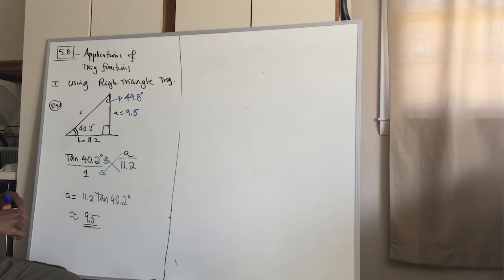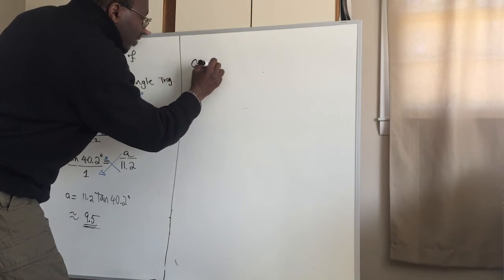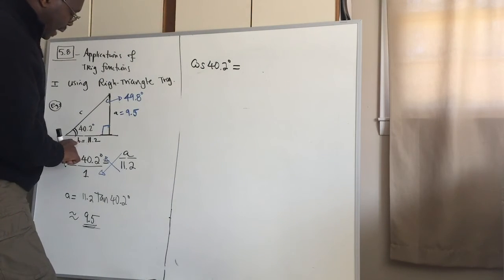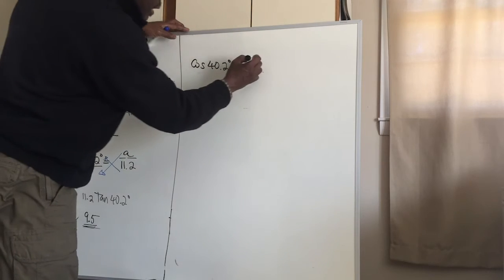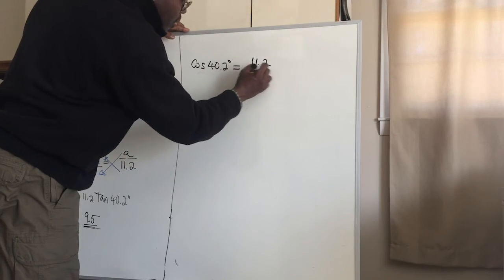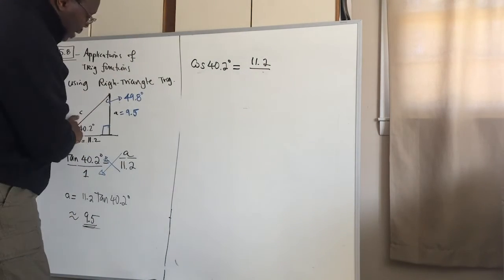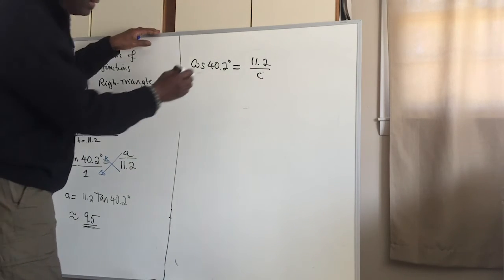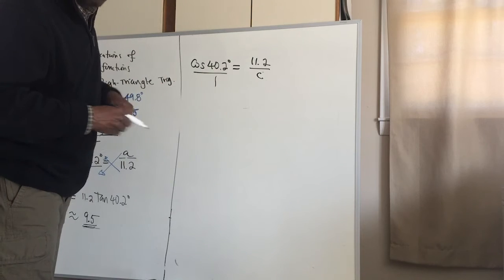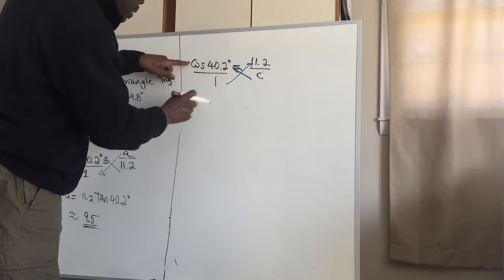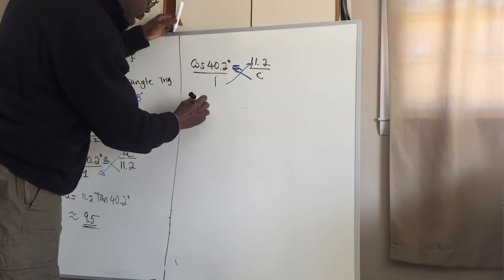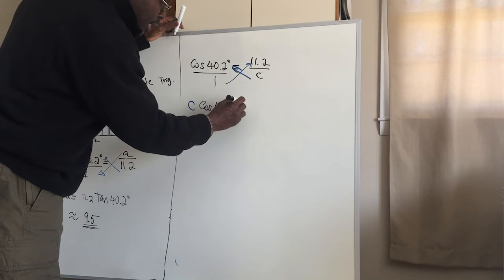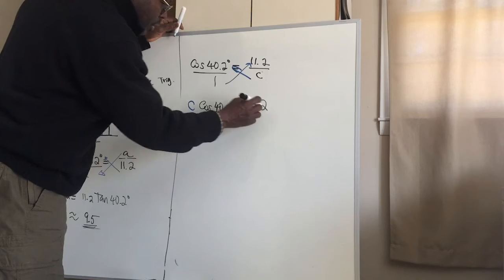So use the cosine. Cosine of 40.2 degrees is given by the adjacent side, which happens to be 11.2, divided by the hypotenuse, which happens to be C. Again, you write this over 1 and cross multiply. So this is C times cosine of 40.2 degrees equals 11.2.